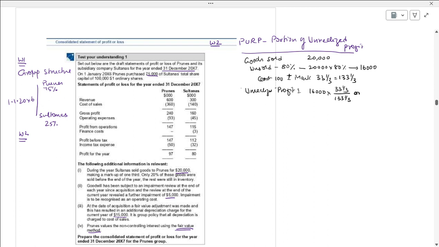Or you can write it like this also, 16,000 times 1/4. A markup of 33 1/3% means 25% profit. A markup of 25% means 20% profit. You will understand this by experience, but don't go for shortcuts right now. How much is the unrealized profit? Unrealized profit is 4,000. Are you clear about this?